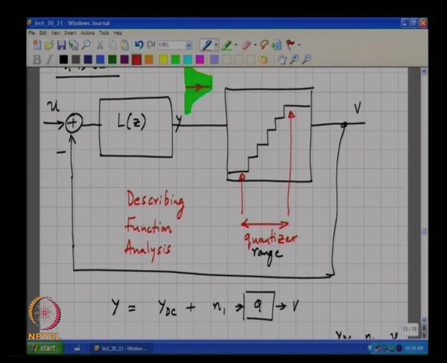And please note that this is only an approximation, where we try to use the background that we have developed in linear control systems on a problem which is nonlinear and therefore presumably very difficult to tackle analytically.